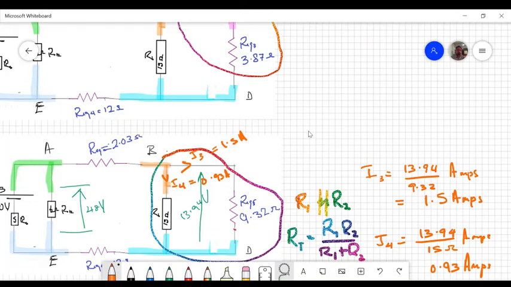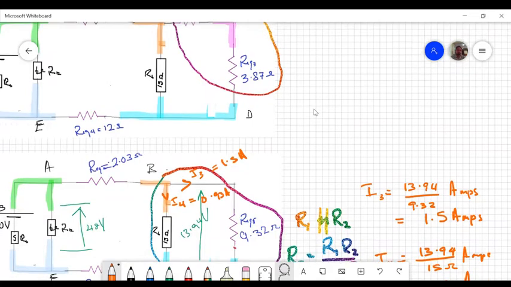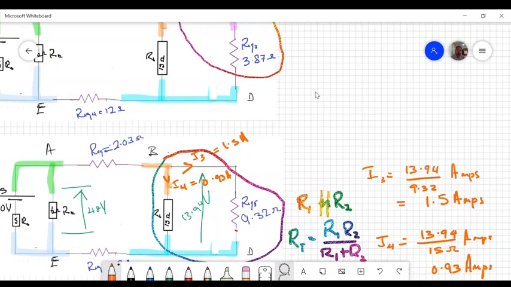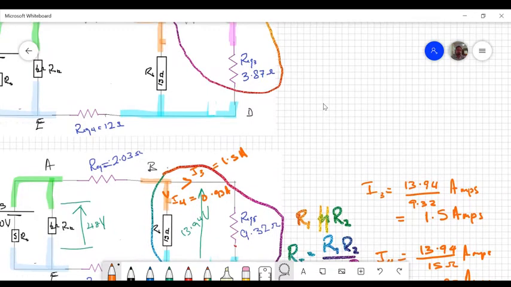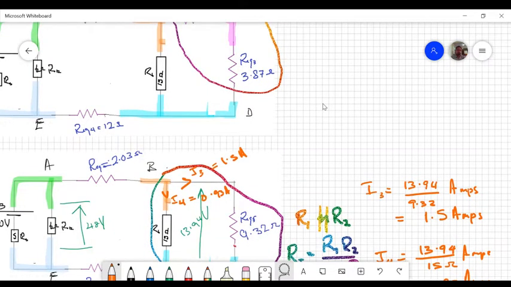Alright, so we now found I3 and I4. We can leave I4 as it is for the moment, and let's concentrate on I3. Now I3 is passing through 9.32 ohms.